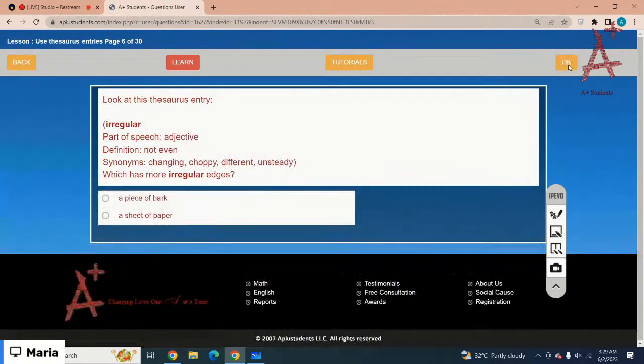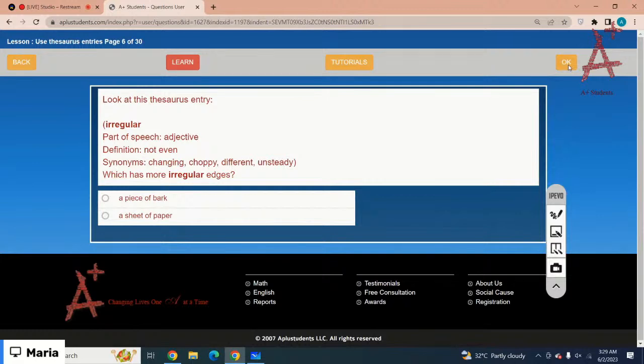Okay, look at the thesaurus entry irregular. It is an adjective. It means something that is not even. So the synonyms are changing, choppy, different, unsteady. So which has more irregular edges? A piece of bark or a sheet of paper?